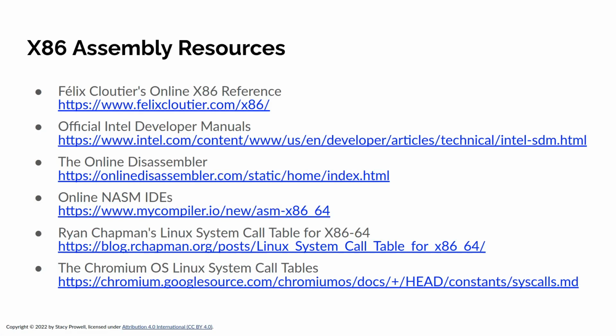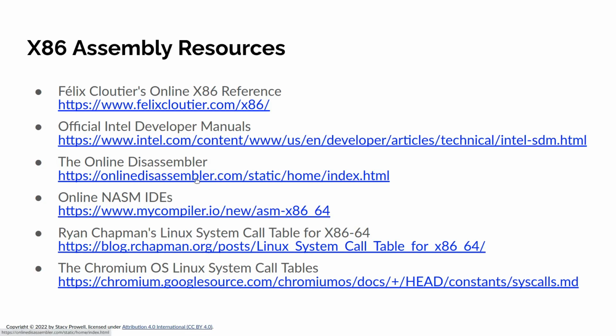Here are some references for you. The first one we're going to use a little bit today. It's a good way to look up what instructions are and what they do. You can also go to the official documentation. I find it to be maybe a little harder to use once you get familiar with what's happening, but it's there and it's certainly useful. There's an online disassembler that's good to use. You can upload chunks of code and see what the online disassembler makes of it.